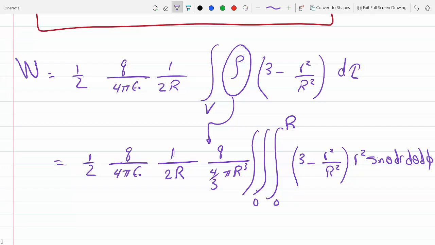Theta is going from 0 to pi, and phi is 2 pi. Sorry, 0 to 2 pi for phi, and 0 to pi for theta.